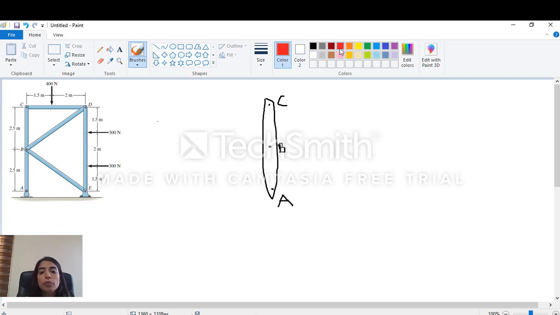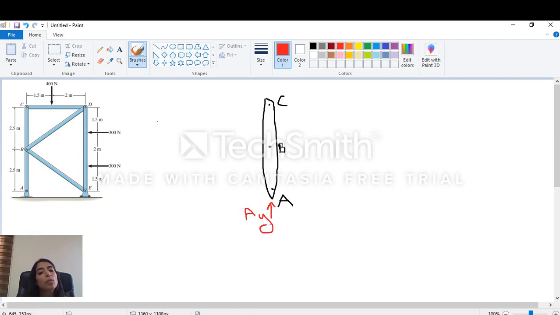Now, what are the forces exerted on the pins A, B, C? What are the reactions or the components of the forces? This is what I want to do. Now, guys, before doing this, remember that at A I have only a vertical reaction, because this is basically a roller.